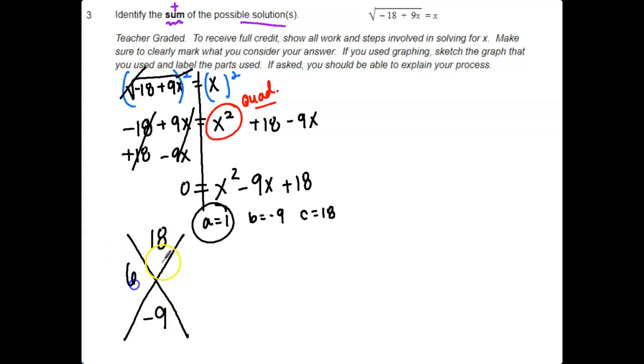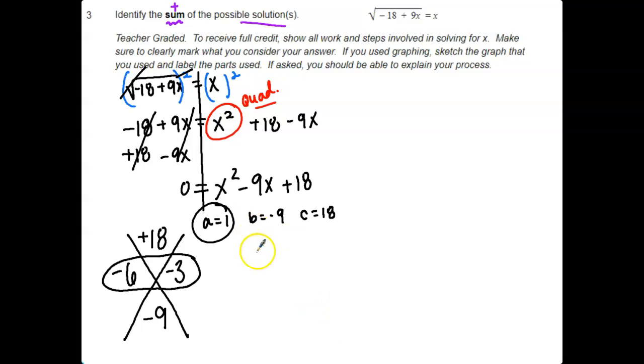I would do 6 and 3, because 6, 7, 8, 9. This has to be a positive up top and a negative at the bottom. So we should make both of these negative, because a negative times a negative is still a positive. But when I combine two negative numbers together, it's still going to be a negative when added together. So these are our side numbers.